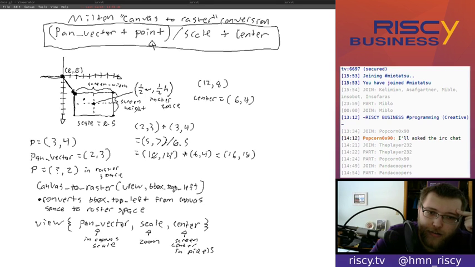I want to work through it like we know what the value is supposed to be. We know where you draw on the screen in pixels if you have that point in canvas space. I didn't calculate the x, but we know the y is 2. We know that for sure, because we have the pan vector, it's 2, 3, we have our screen size, we have the scale. We go through the intuitive thing and we get a value.